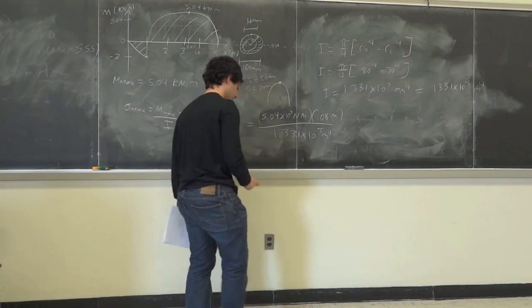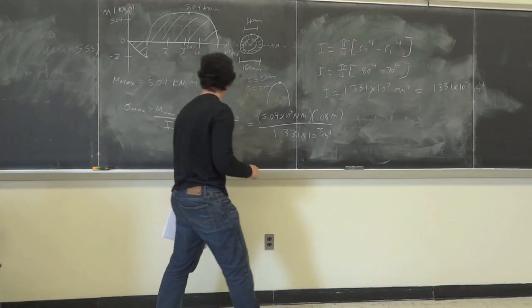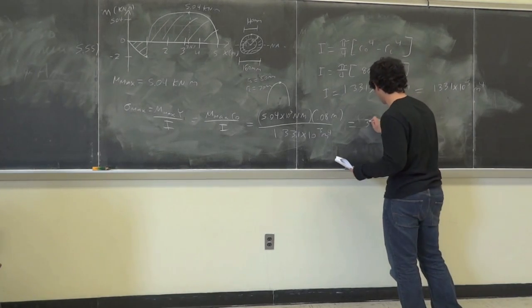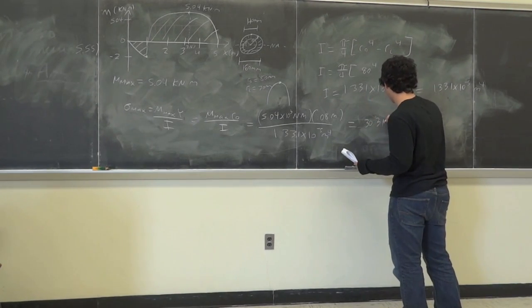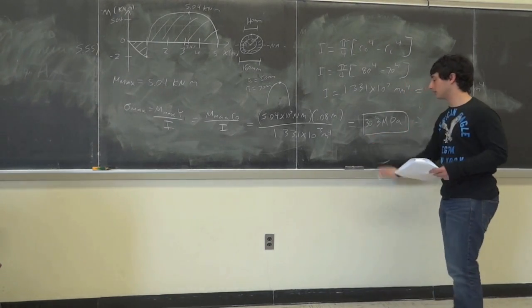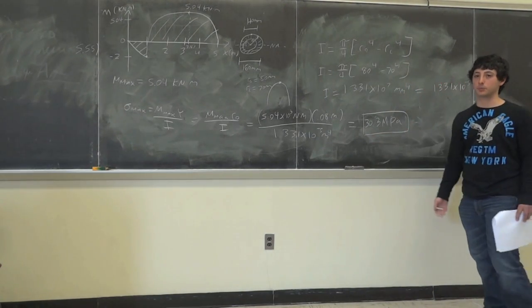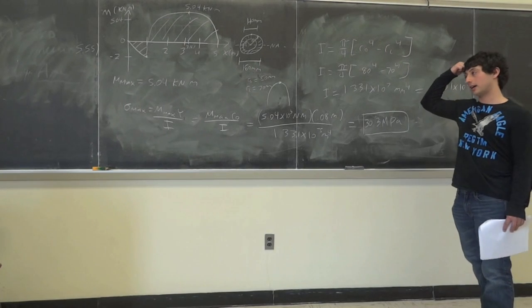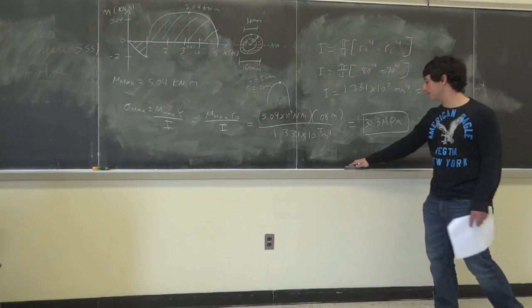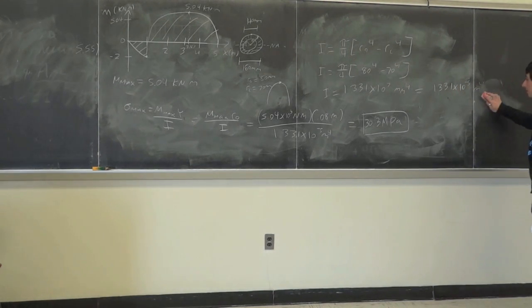Okay, so the maximum bending stress we get is 30.3 MPa. So that's the first part of the question, and the second part of the question, which I added in there, is find the maximum transverse shear. Oh yeah, this is a 10 to the negative fifth.